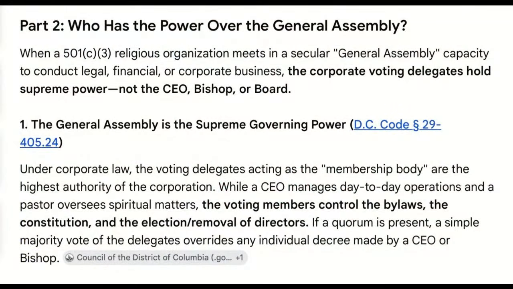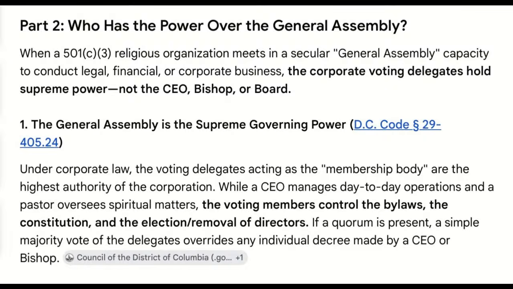Under corporate law, the voting delegates acting as the membership body are the highest authority of the corporation. Say that again. Under corporate law, which we are under, the voting delegates acting as the membership body are the highest authority of the corporation.